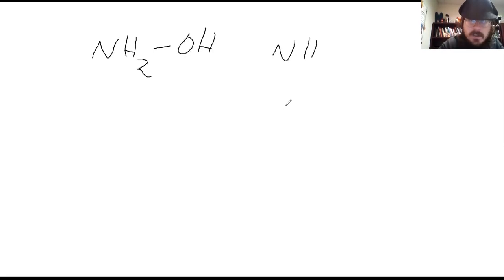We can also make hydroxylamines and hydrazines. An amine, remember, is NH2. So hydroxylamine is NH2OH, and hydrazine is a diamine, NH2NH2. Those are kind of weird, but the same general idea.